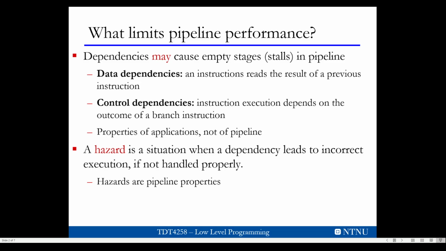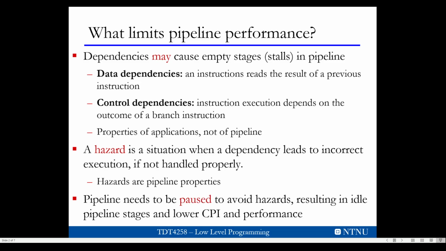In a single cycle design, you do not really have any hazards. When you have a pipeline, at that point, you need to make sure that you handle these dependencies properly to avoid hazards. And hazards are the situations that might lead to incorrect execution if you do not handle a dependency properly.